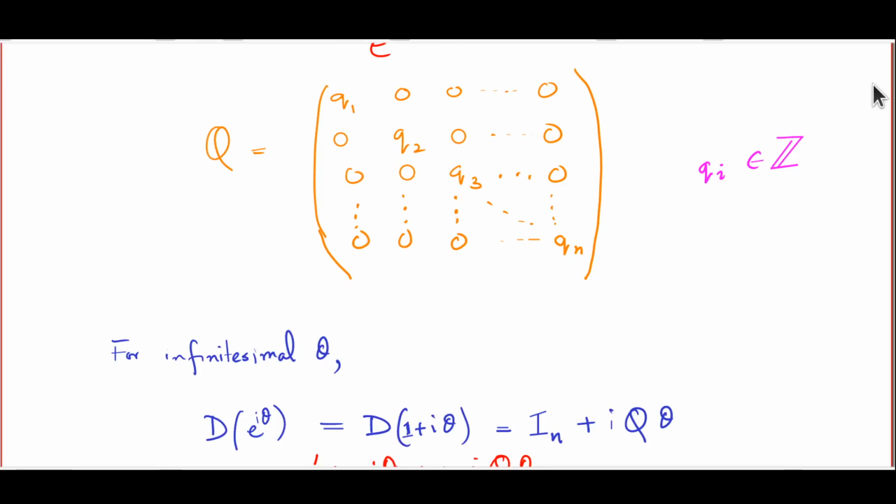Note that when theta is very tiny, e to the i theta is very close to the number 1. In fact, to first order in theta, you could write that as 1 plus i theta. And for the same degree of approximation, D of 1 plus i theta will simply be the identity matrix plus i times capital Q theta.